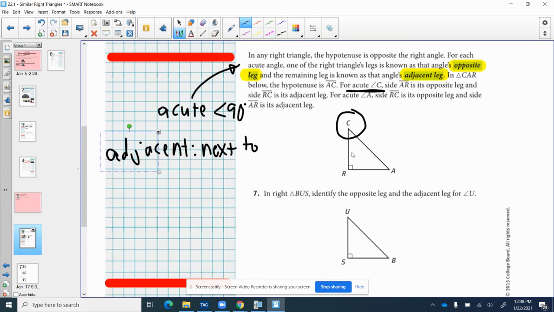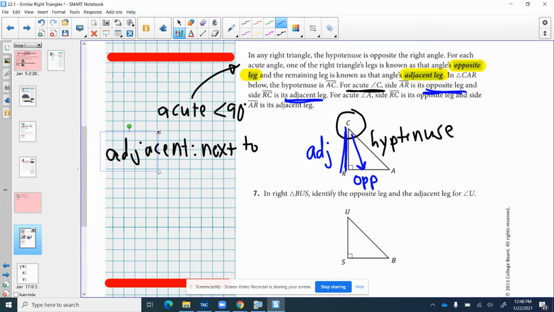We have the hypotenuse still is AC. So this is still our hypotenuse. But then the side that is going to be called the opposite leg is the side across from angle C. So this would be the opposite. And then the adjacent leg would be the one next to it. So this is the other leg that we would then call the adjacent.